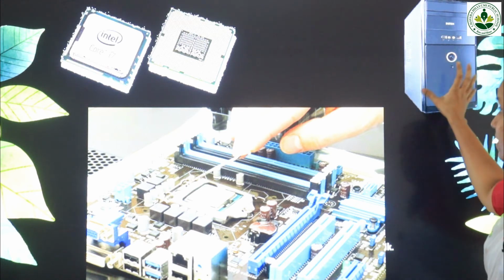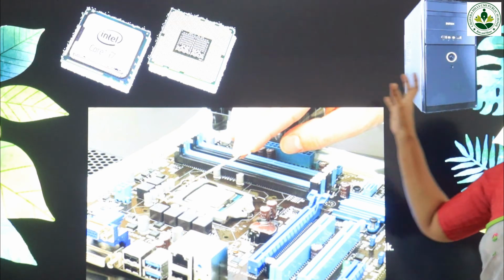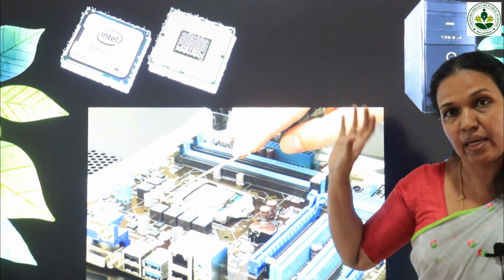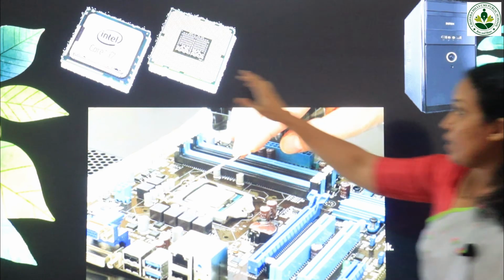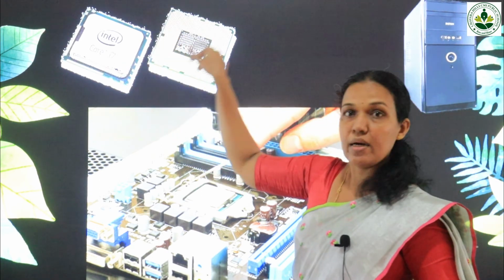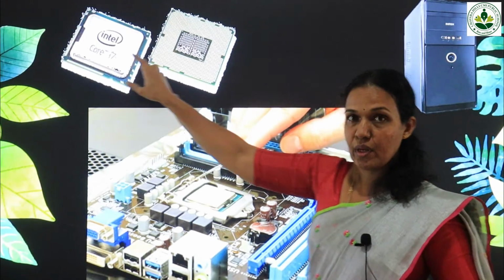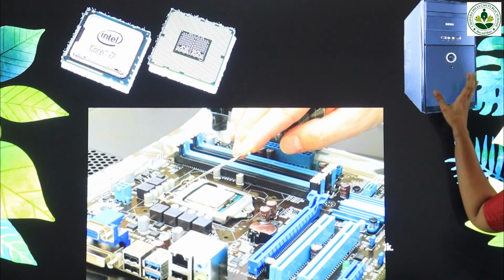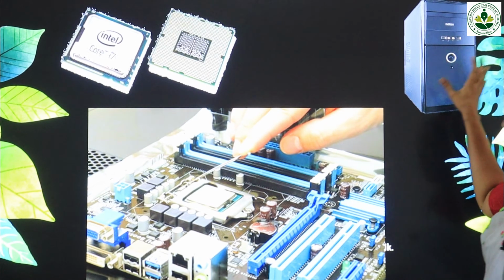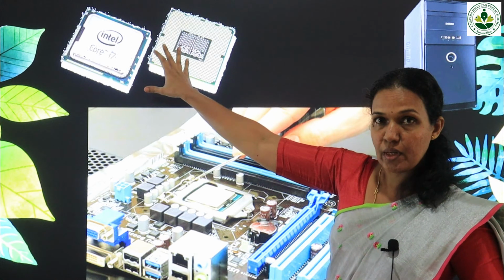Within this CPU box, the CPU or the processor is there. This is the processor. All processing is done using this processor. So this is the CPU box, and within this CPU box the processor is kept.